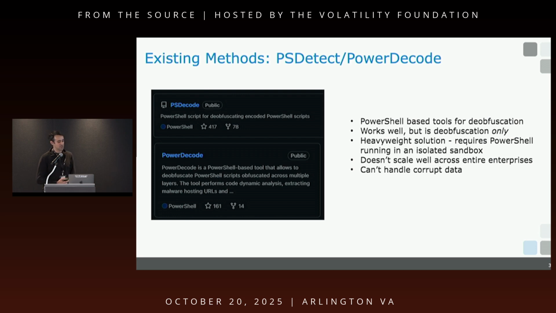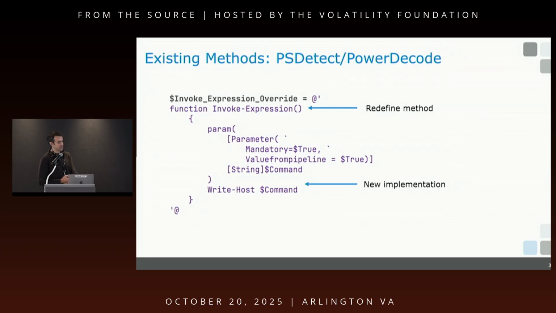And it doesn't scale well when you have hundreds, thousands of scripts running across hundreds or thousands of machines in an environment. And it can't handle corrupt data, because if you give the PowerShell interpreter an invalid syntax tree, it's just going to fail to run entirely. Here's an example of how they would patch those malicious functions to deobfuscate. In this case, they're just overriding Invoke-Expression with a Write-Host of commands. So it just prints what it would be running instead of actually running it.